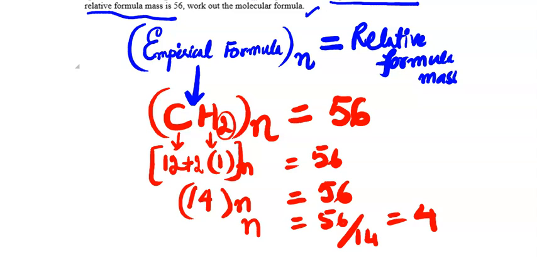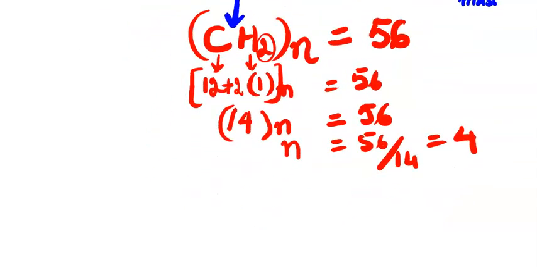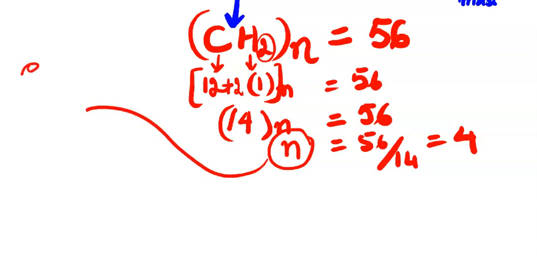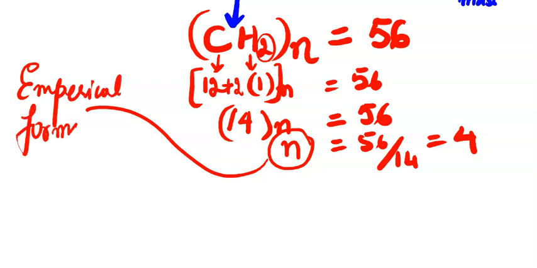Now what is this N? This N is basically that number which, when multiplied with empirical formula, gives you molecular formula.